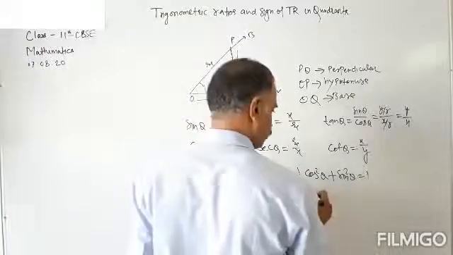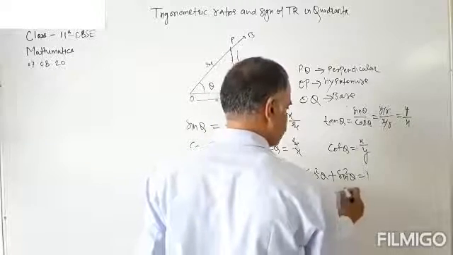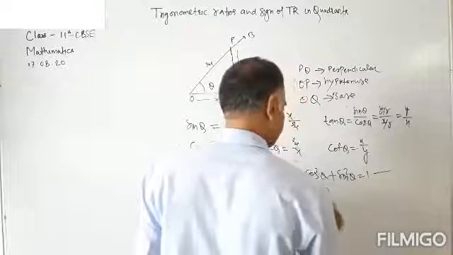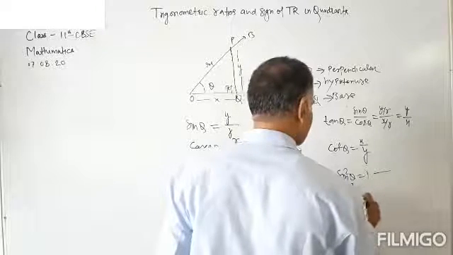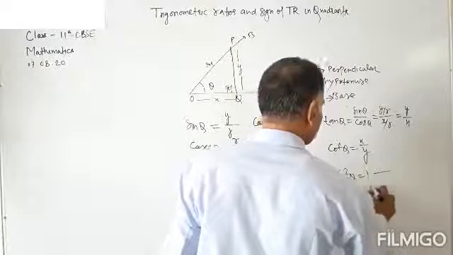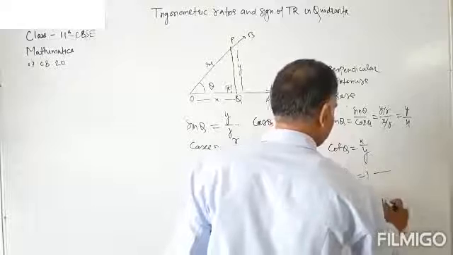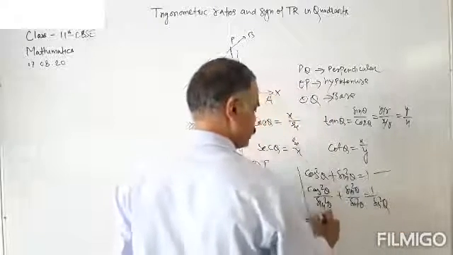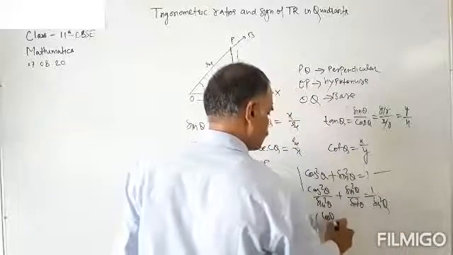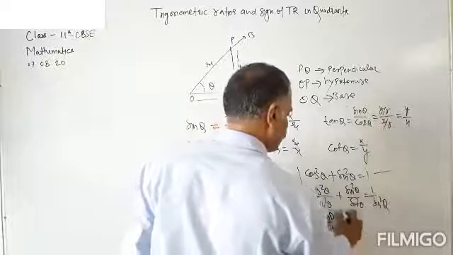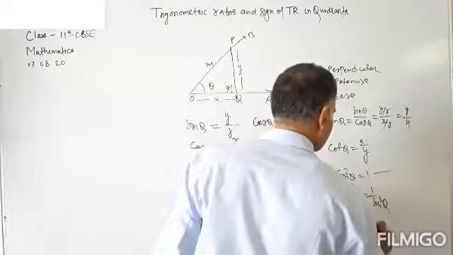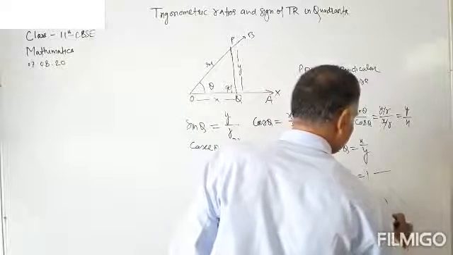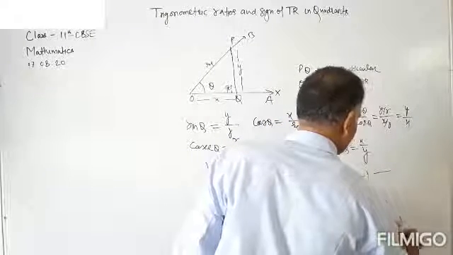Okay, so cos square theta upon sin square theta plus sin square theta upon sin square theta is equal to 1 upon sin square theta. So (cos theta upon sin theta) whole square plus (sin theta upon sin theta) whole square is equal to 1 upon sin theta whole square.